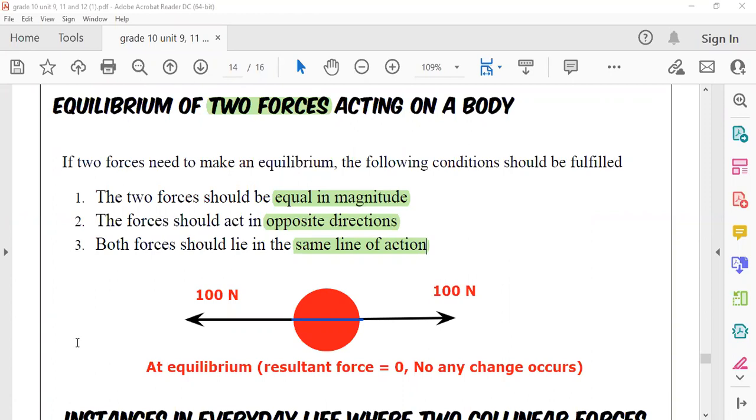Understood? If magnitudes are not equal, no equilibrium. If the directions are not opposite, no equilibrium. If same line of action is not there, no equilibrium. If at least one condition is overruled, no equilibrium.